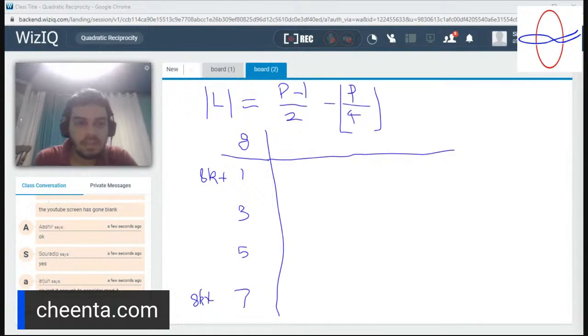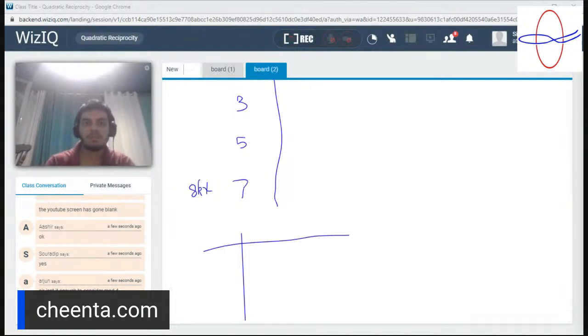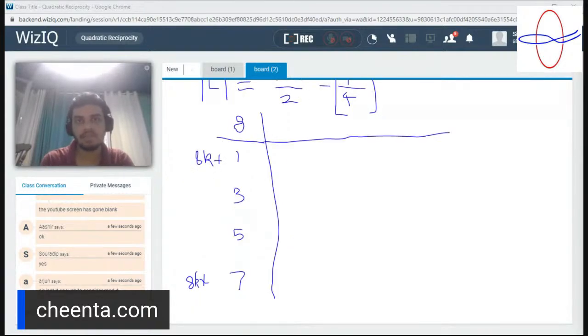Then let's actually consider it mod 4 first, so that we know why. The reason we are doing this is that for the number we get over here, we need to see whether it is odd or even.